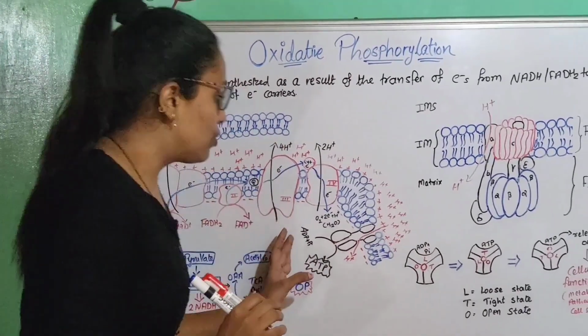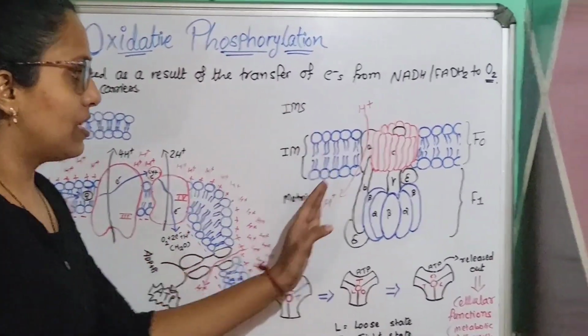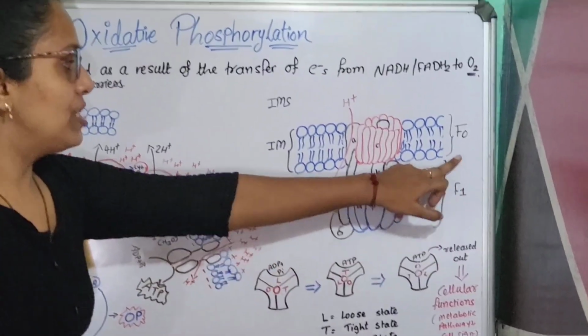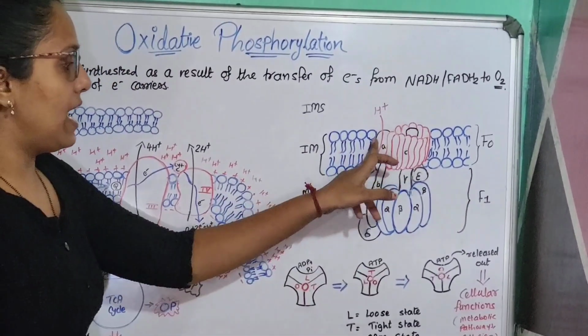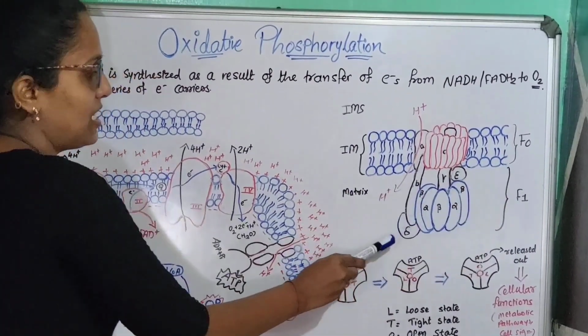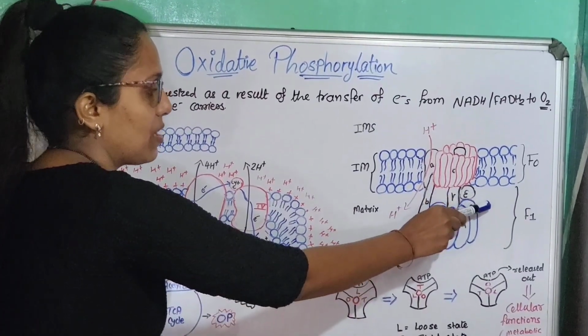If we zoom into this structure, it comprises F0 and F1 particles. The F0 particle comprises A, B and C subunits, whereas the F1 particle comprises alpha, beta, gamma, delta and epsilon subunits.